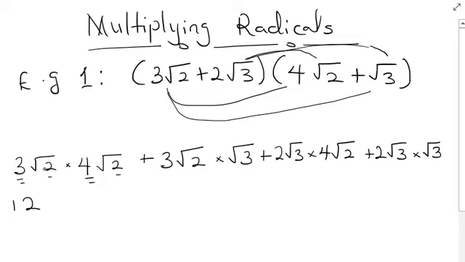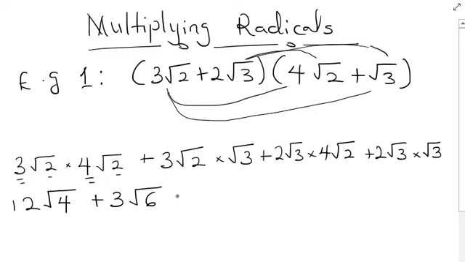Then 2 multiplied by 2 is 4, so that will be root 4. Root 2 multiplied by root 2, sorry, that's root 4. Then 3 multiplied by 1, because this has 1, we just don't put it in front of it. That will be plus 3, and root 2 multiplied by root 3 will be root 6.